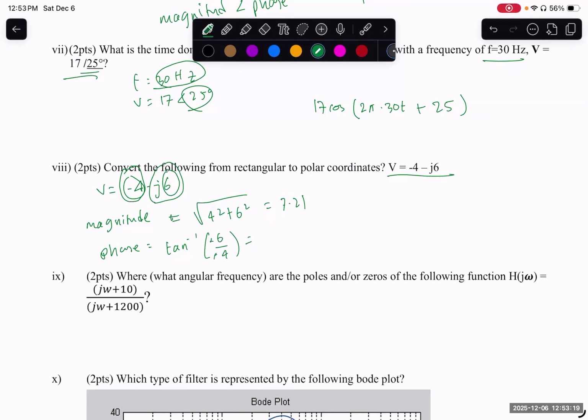So if we solve it out, it gives 123.7. So altogether, the polar coordinate would be close to 7.21, which is the magnitude, and the phase of 123.7.